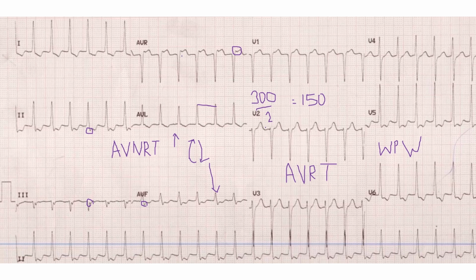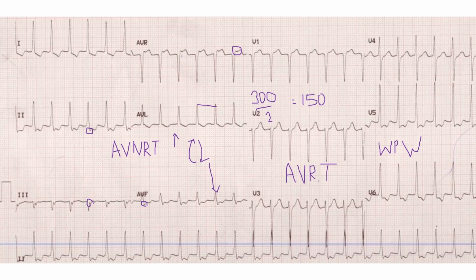Note that in WPW syndrome, delta wave of pre-excitation and short PR interval will not be seen during the narrow QRS tachycardia because downward conduction is through the AV nodal pathway and into the normal conduction system. So the most common type of AVRT is orthodromic, conduction through the AV conduction system and the ventricular bundle branches.